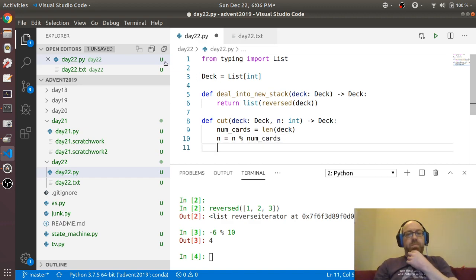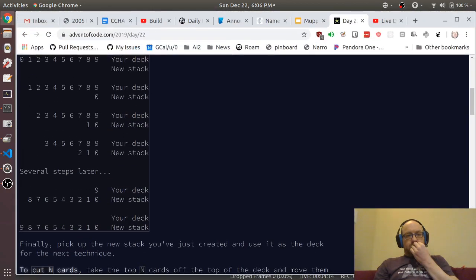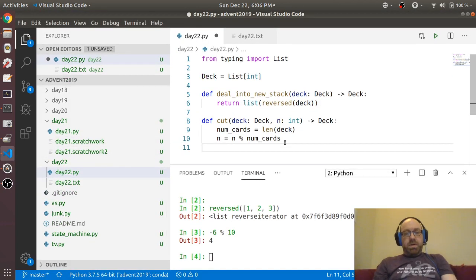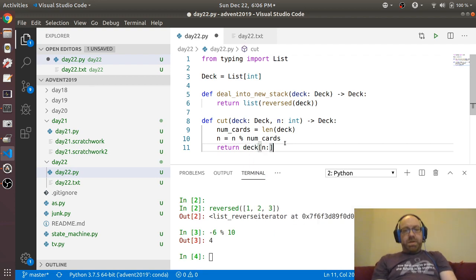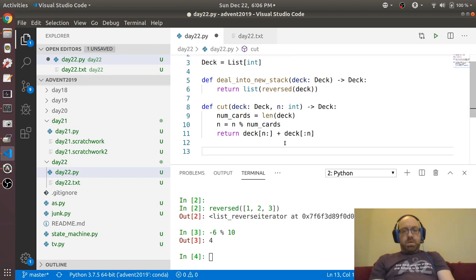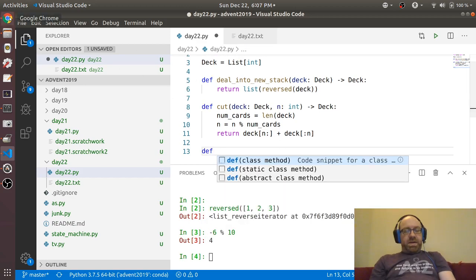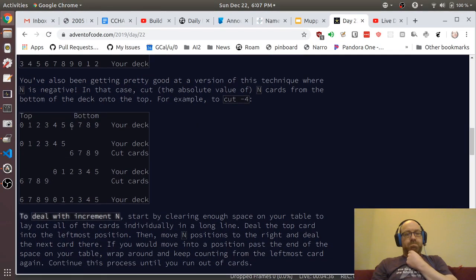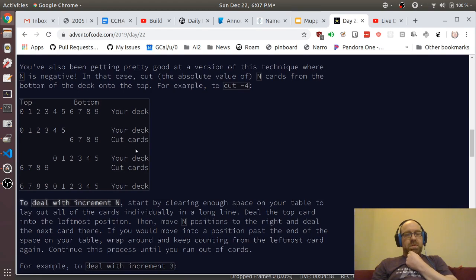Cut N cards, take the top, so return deck n to the end plus deck up to n. And then finally we have cut -4, that'll turn to 6, so I take the 6, blah, blah.